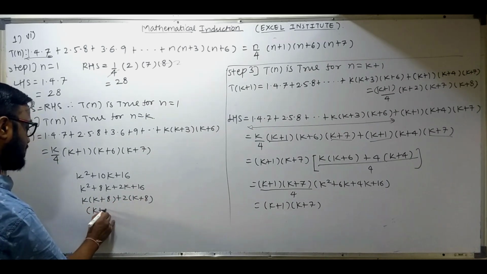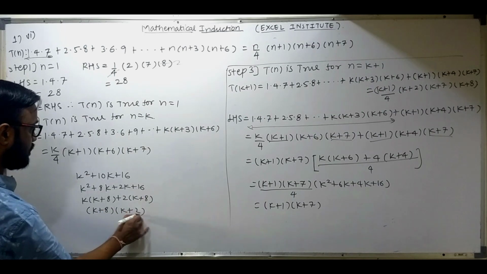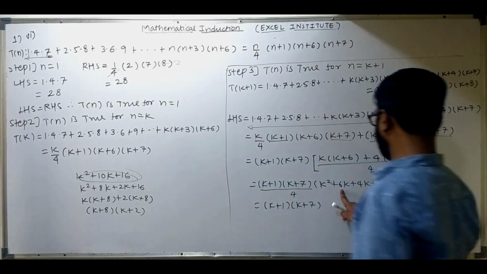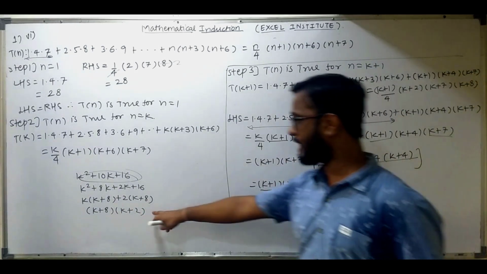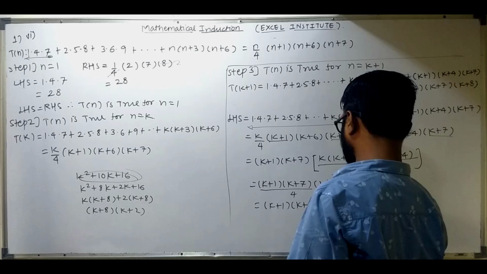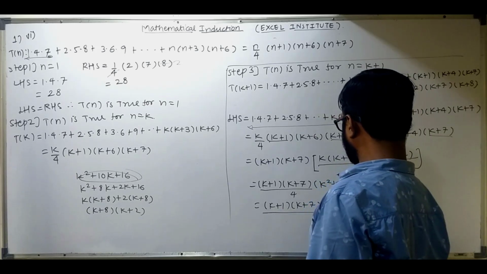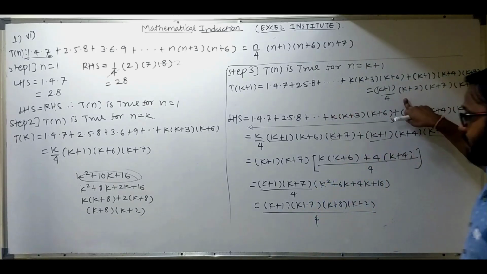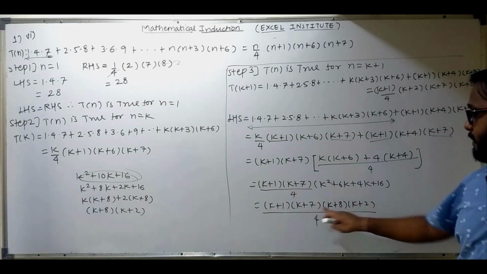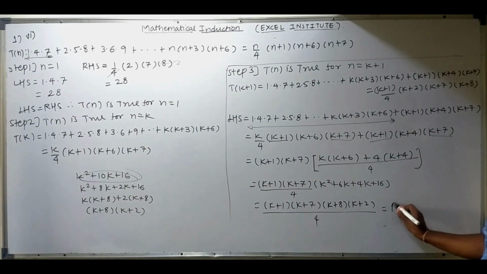So this is k plus 8, k plus 2. So k square plus 10k plus 16 can be written directly as k plus 8, k plus 2, upon 4. Look at this: k plus 1, k plus 2, k plus 7, k plus 8 upon 4, which is equal to the RHS.